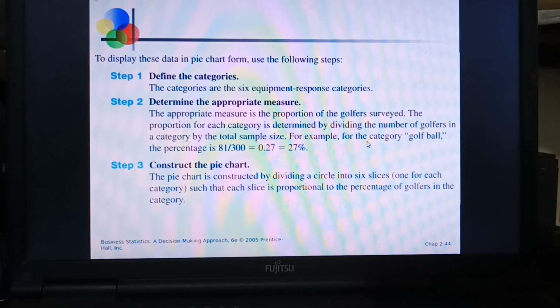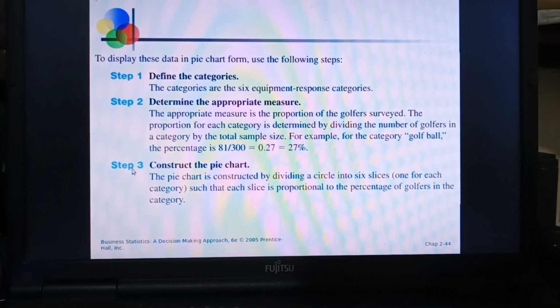For example, for the category golf ball, the percentage is 81 divided by 300, which gives us 0.27 or 27%. And you compute the appropriate measure for each of those 6 categories.